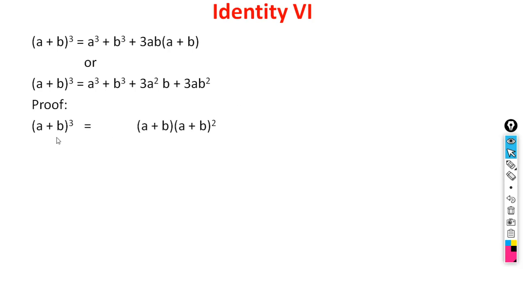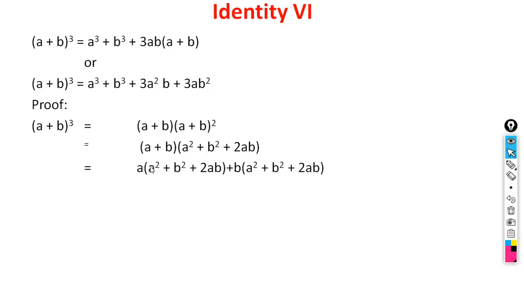If we have (a+b)³, we will expand it as (a+b) and (a+b)². After multiplication, we have (a+b)² expanded by using the identity (a+b)² = a² + b² + 2ab.